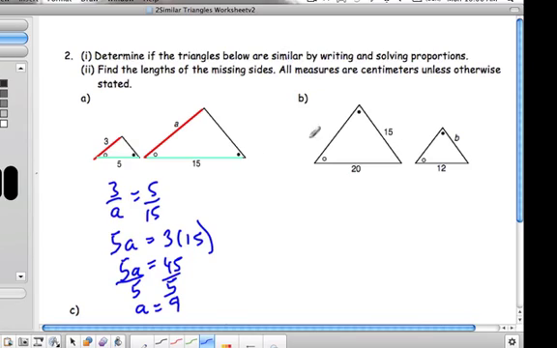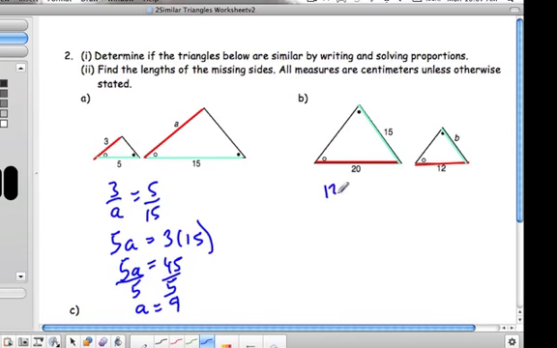If we take a look at this side, it corresponds to this side. The 20 corresponds to the 12. And the side that is labeled 15 corresponds to the side that is labeled B. So we set up our proportion.